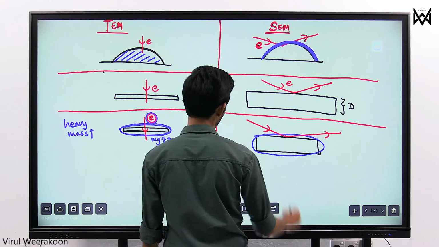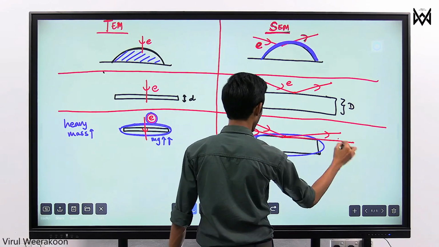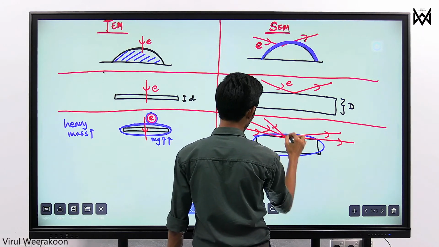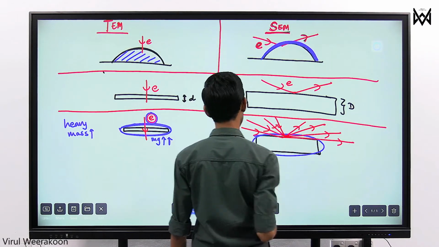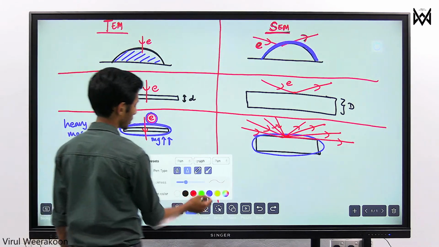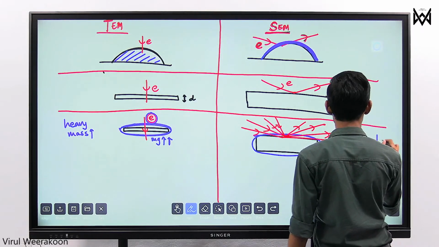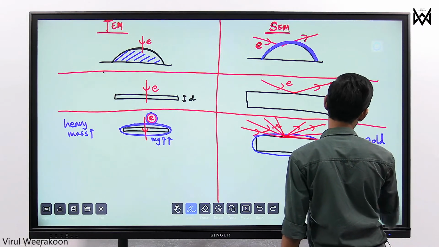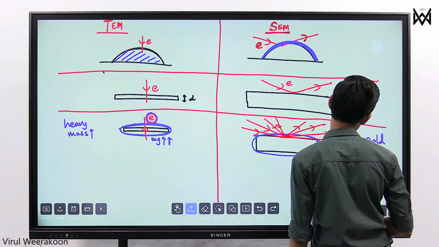Here they come again, reflected, come again, reflected. Likewise, electrons will be reflected from the surface. Here gold is used. Gold is also a kind of heavy metal, but the function of using gold is its shiny luster, shiny nature, right?